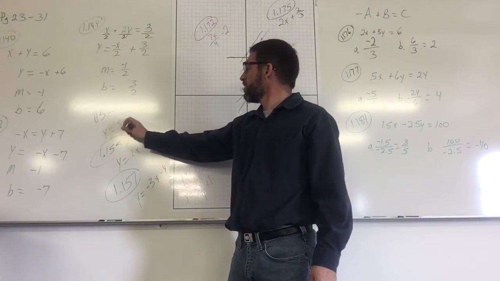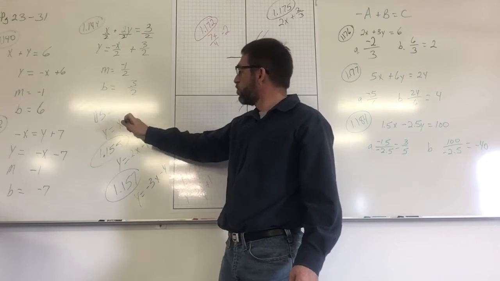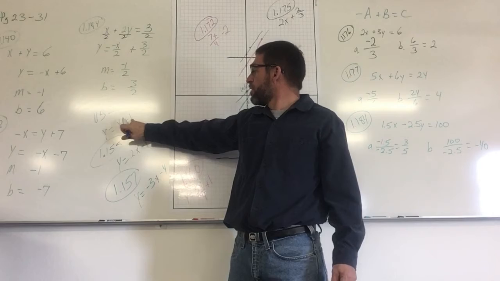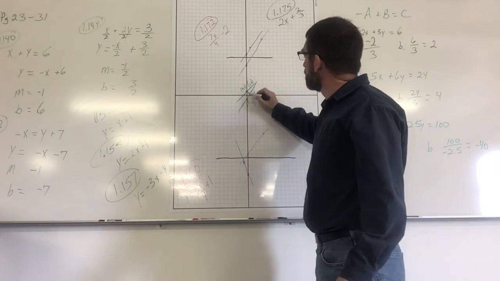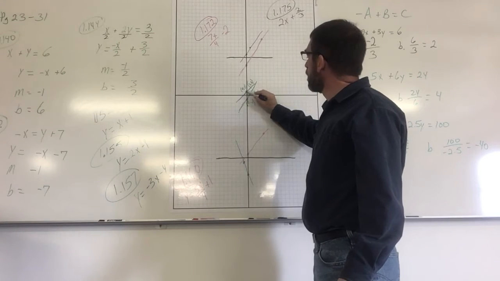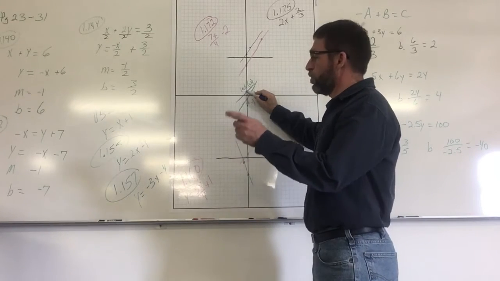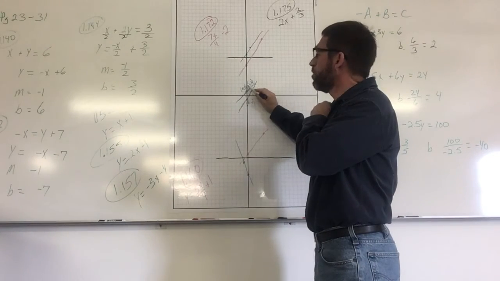Y equals x plus 1. You always start with your b number. Your b is plus 1, so you go over here in your graph, you start at 0, you go up plus 1, right there. And now for your x, that's 1 again, okay? You always go right 1, up 1.